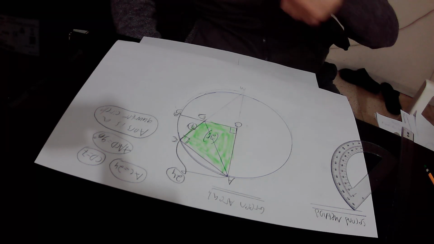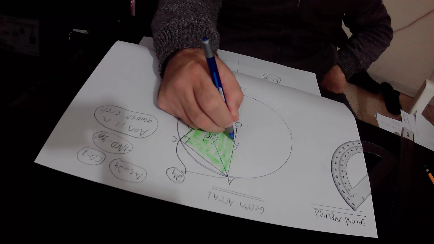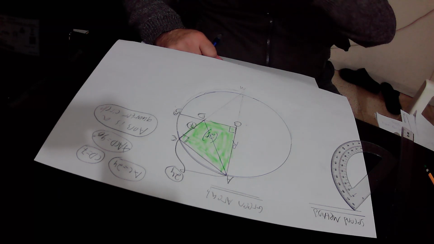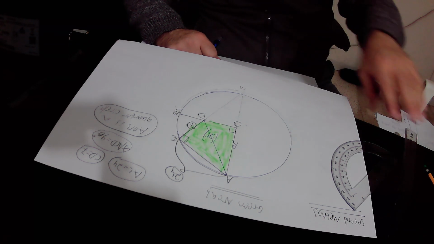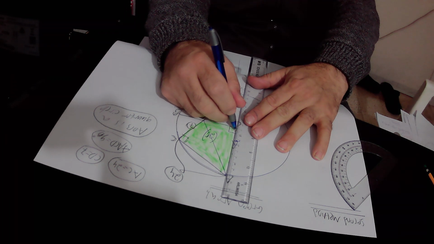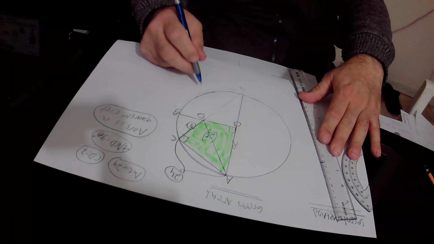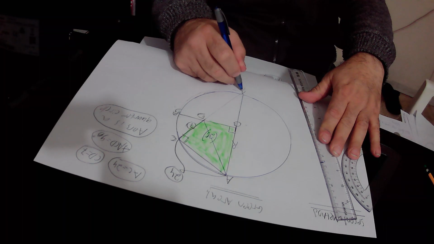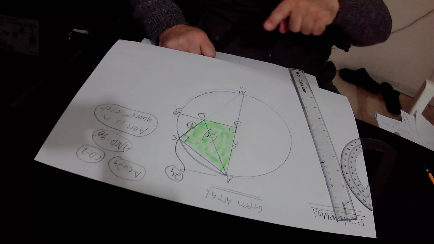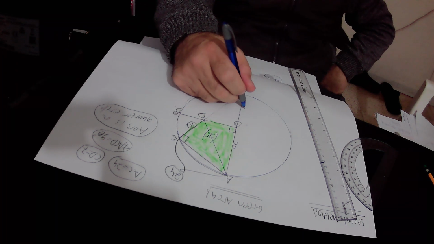We'll define the radius of the circle as R, so OA equals R. We'll extend the radius AO by a straight line until it touches the circle, and we define the touching point of the extended radius AO on the circle. This point is point M. Point O is the center of the circle, point M is a point on the circle itself, therefore OM is the radius of this circle, equal to R.